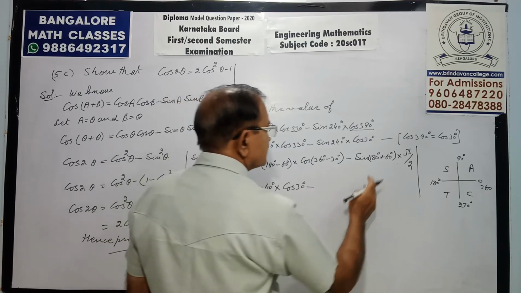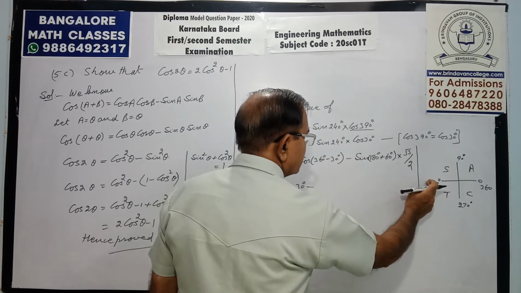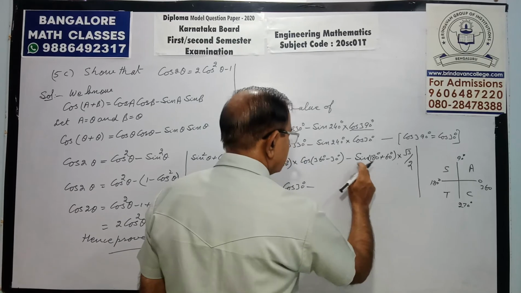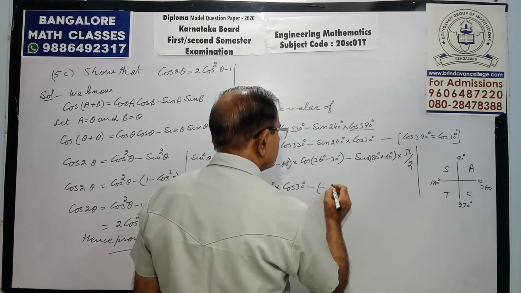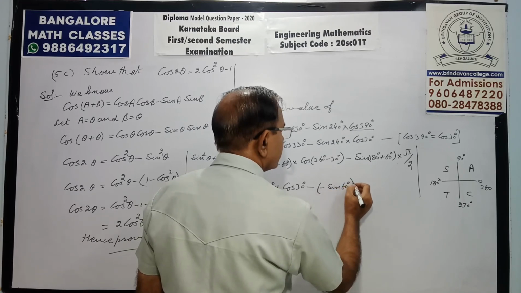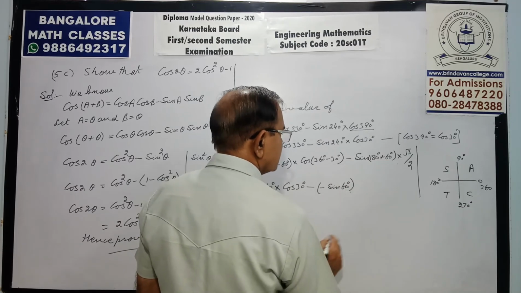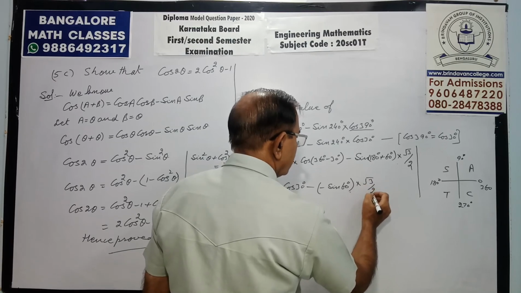minus sin 180 plus 60, third quadrant. In third quadrant, sine is negative. So we are supposed to put here minus sin 60. 180 plus 60 is minus sin 60 degree. Into root 3 by 2, we have already solved.